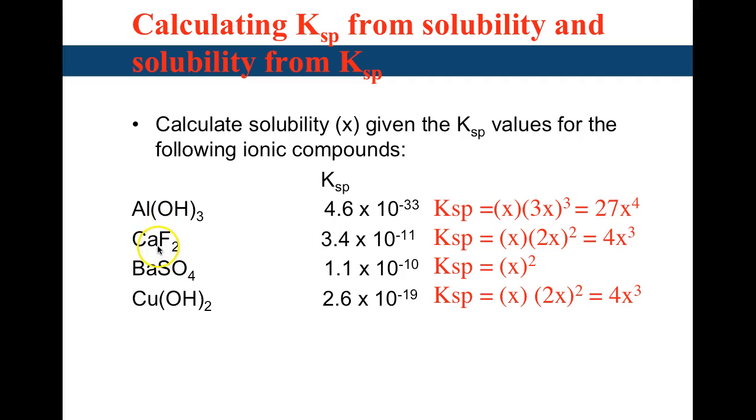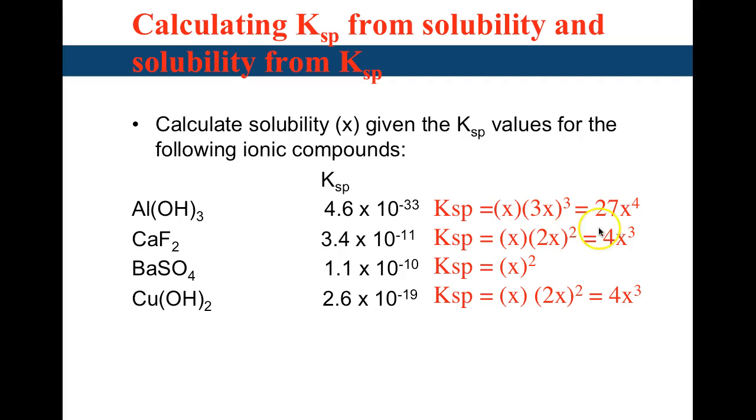Calcium fluoride will break up into x and the 2x squared, so 4x cubed. BaSO4 is going to break up into x squared. Cu(OH)2 is going to be x and then the 2x squared, so 4x cubed.